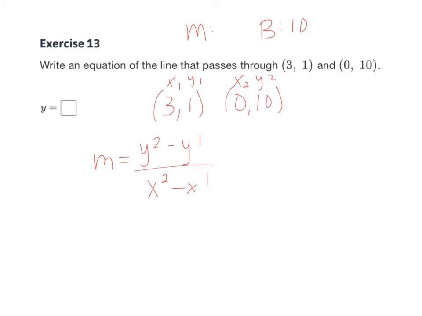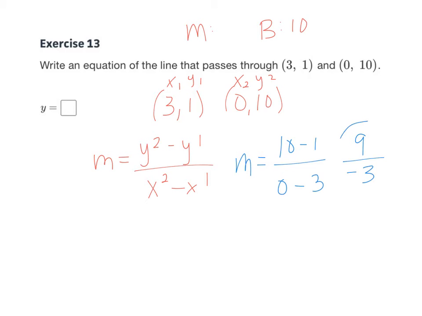So if I plug this in, I would have m is equal to 10 minus 1 over 0 minus 3. 10 take away 1 is 9, and nothing minus 3 is going to be negative 3.